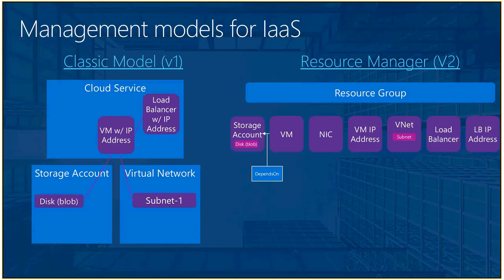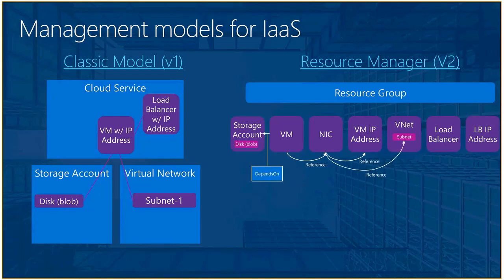The first thing you need to have deployed is a storage account, and the virtual machine will have a dependency on this storage account, which means we won't deploy the virtual machine before we have successfully deployed the storage account. We also see that the virtual machine can have references to other resources. In this case, the network interface card, so it has an implicit dependency on that, meaning we can't create the virtual machine before we have created the network interface card.